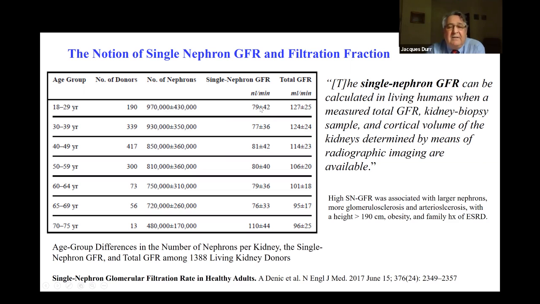They calculated the single nephron GFR, and the standard deviation is large because the method is crude. But the New England Journal found this of enough interest to publish it, because it has important implications.